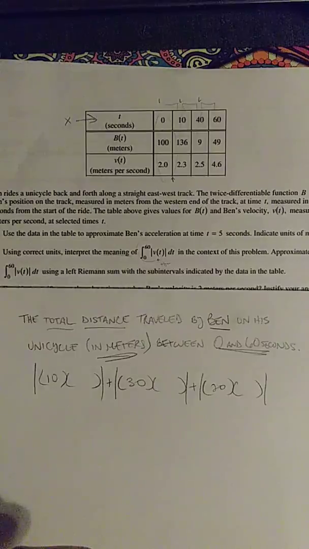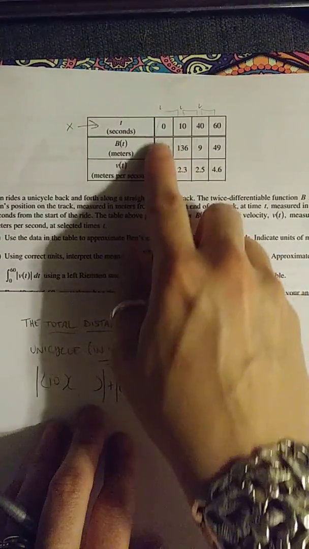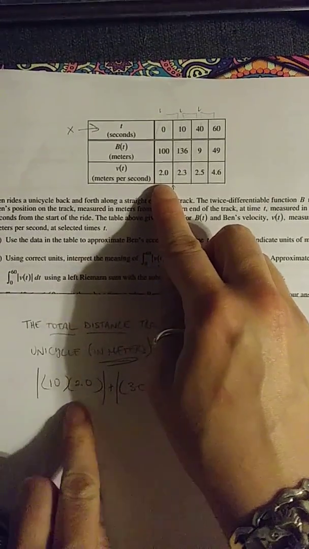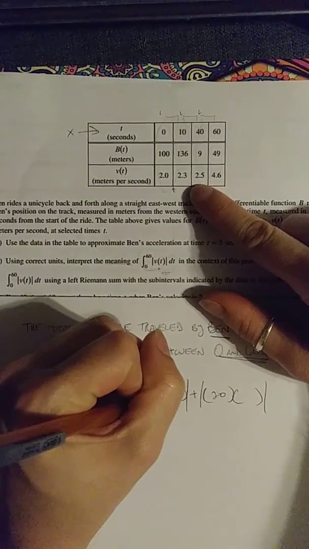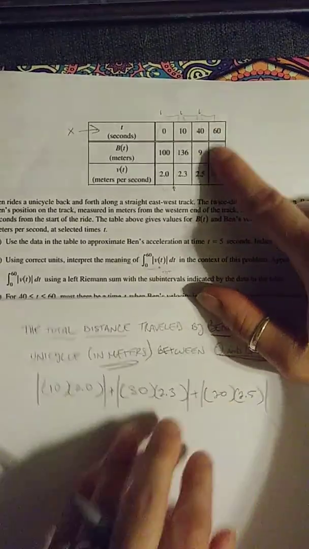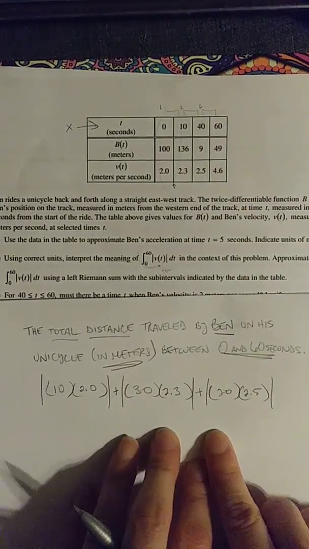So we will go ahead and use these numbers in the bottom row, and we will use the left-hand value for our first height. So this is 2.0 in our first rectangle. Second rectangle, the height is 2.3, and our third rectangle, we'll use the left-hand side, it's 2.5. This is a right-hand value. We won't end up using it in a left-hand sum, okay?